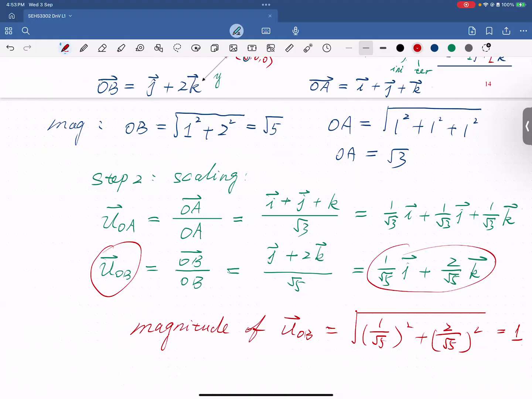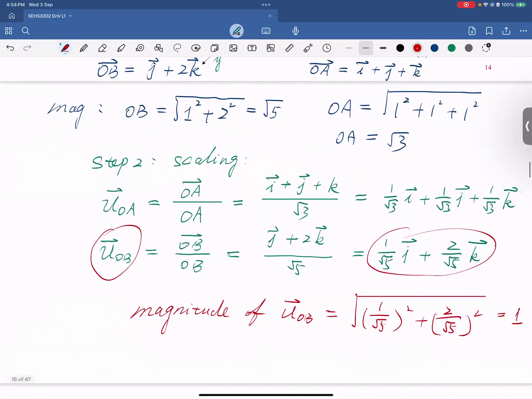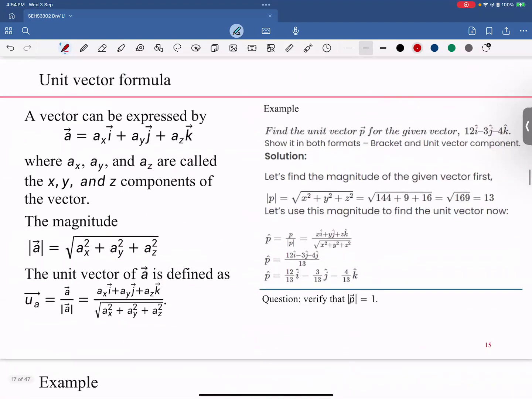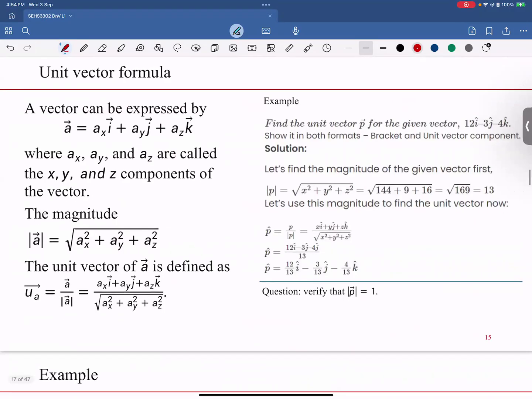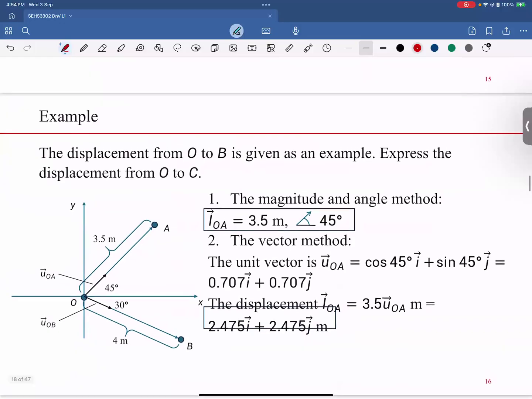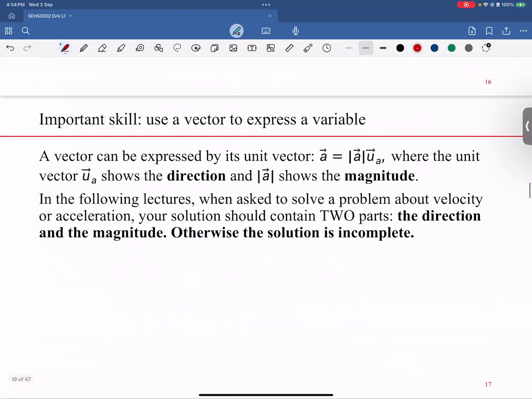Unit vector 嘅 magnitude 一定係1。如果唔係1，佢冇 unit vector。Okay, this is the unit vector formula, and later are some examples for you to calculate.